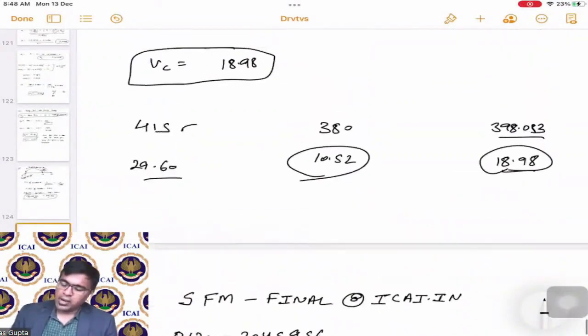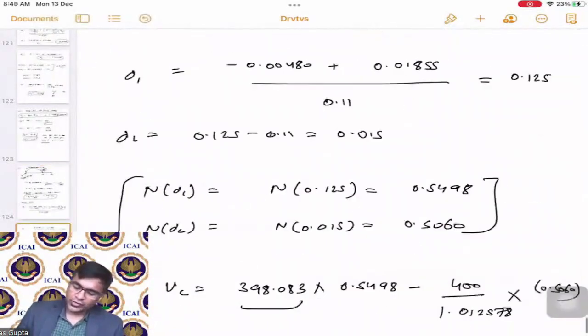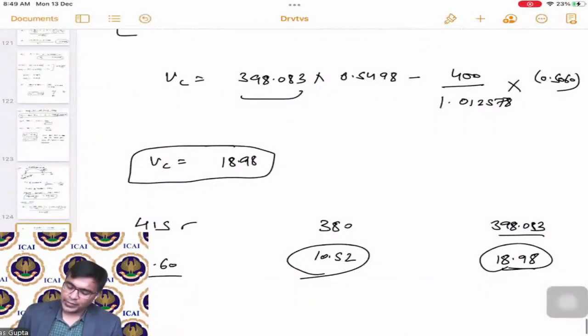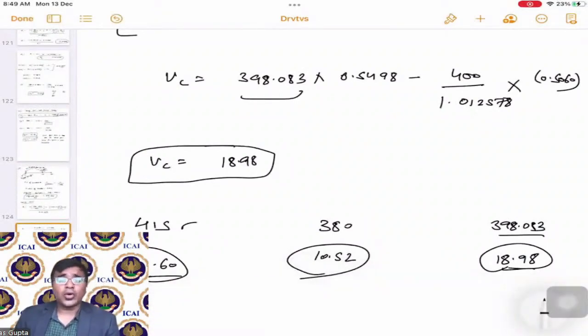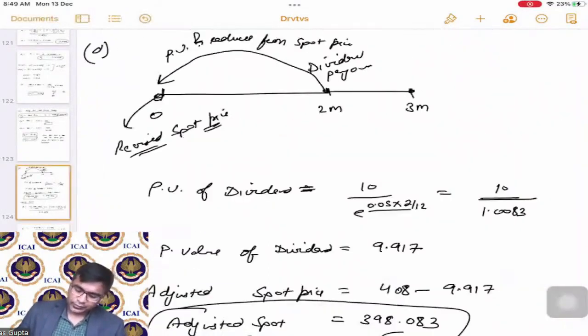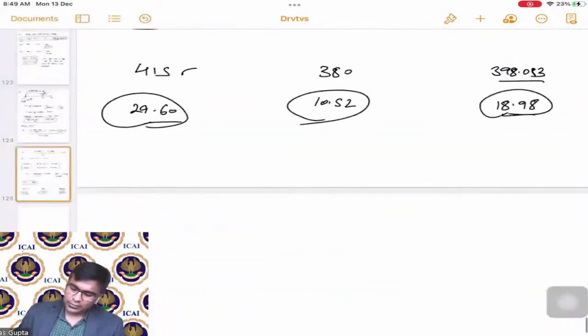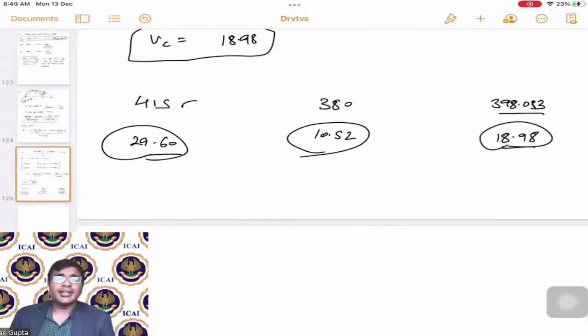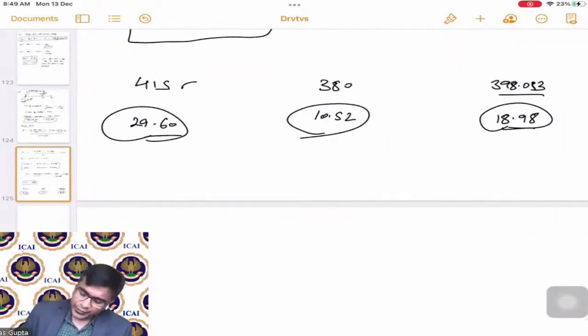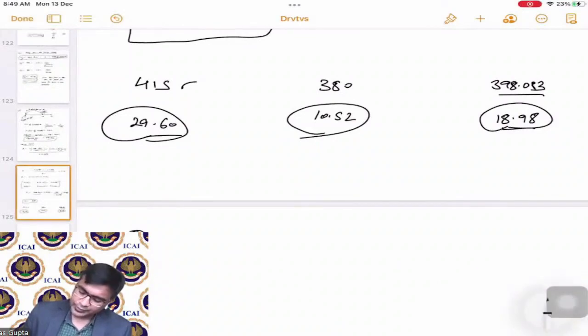Now, what I'm trying to say is there are a lot of factors that determine the pricing here. Correct? This is the pricing: 29.6, 10.5 to 18.98. There are a lot of factors apart from the spot price that impact the valuation. What are those factors? Those factors are nothing but all the inputs that go into the Black-Scholes model. What are those inputs? First of all is spot price.